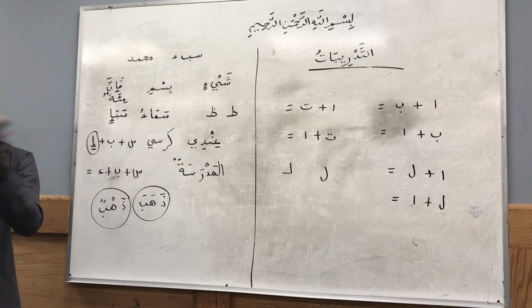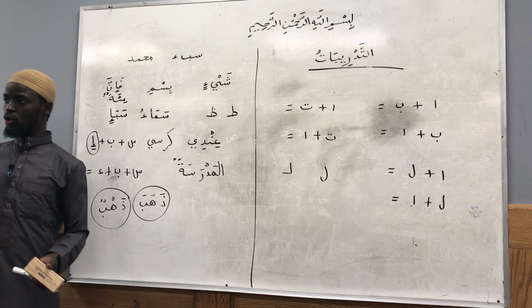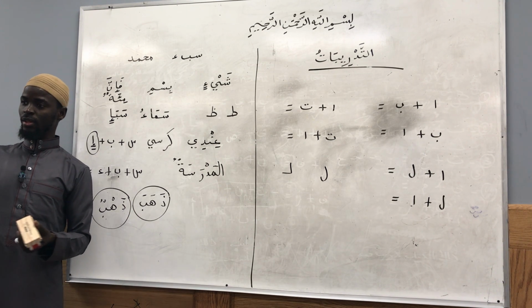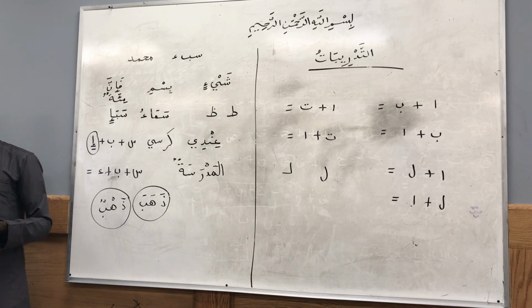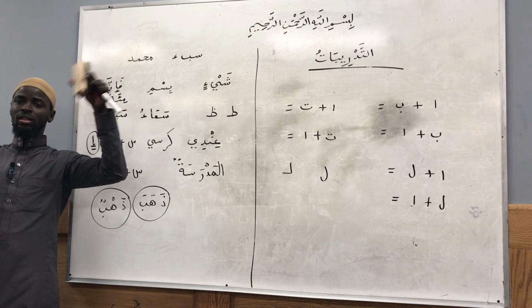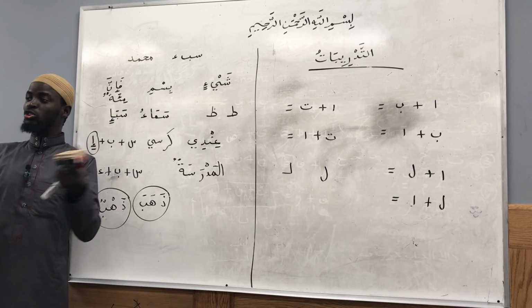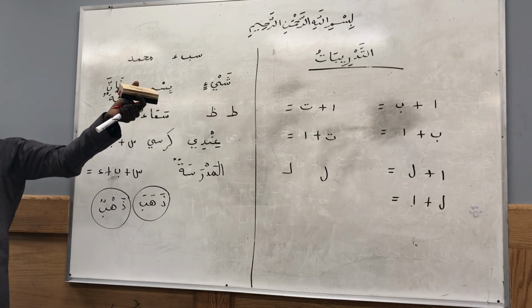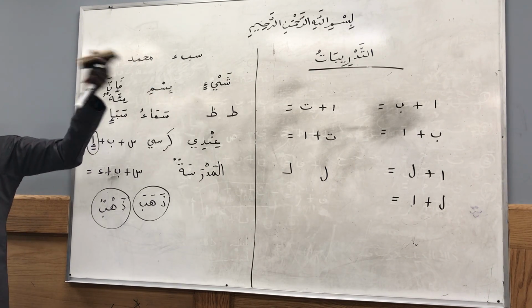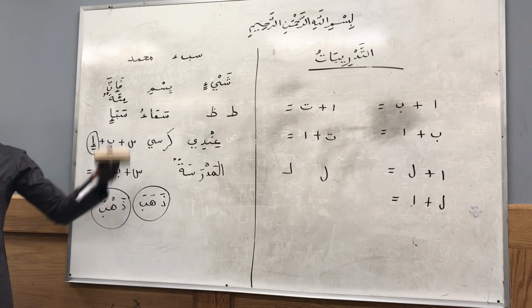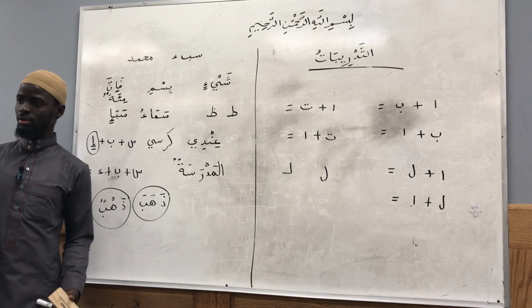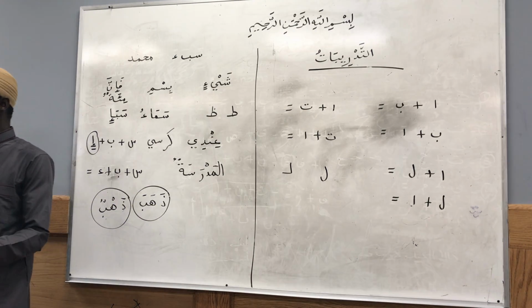Raw. It can be anything. You understand? Kursiyun, it can be any chair. Al-kursiyu, the chair. Madrasa, it can be any madrasa. Al-madrasa, the school. Masjid, any masjid. I'm in the masjid. If Muhammad called me, where are you? I'm in the masjid. What masjid? I have to ask him, what masjid, right?